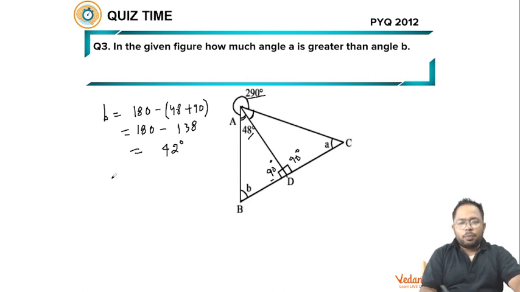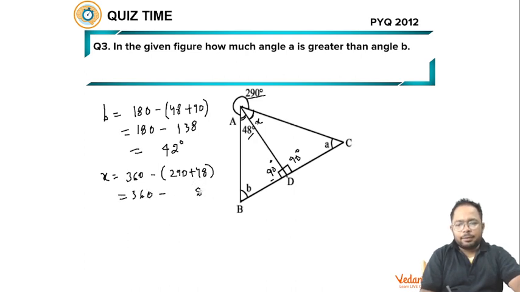So if I make it x, then x would be 360 minus (290 plus 48). So 360 minus 338, it gives us 22 degree.